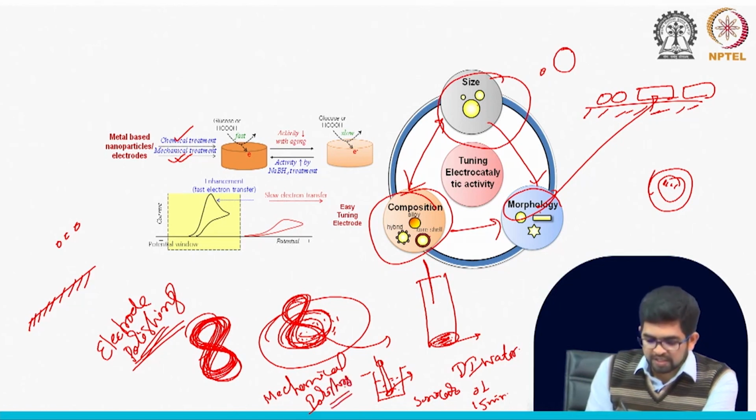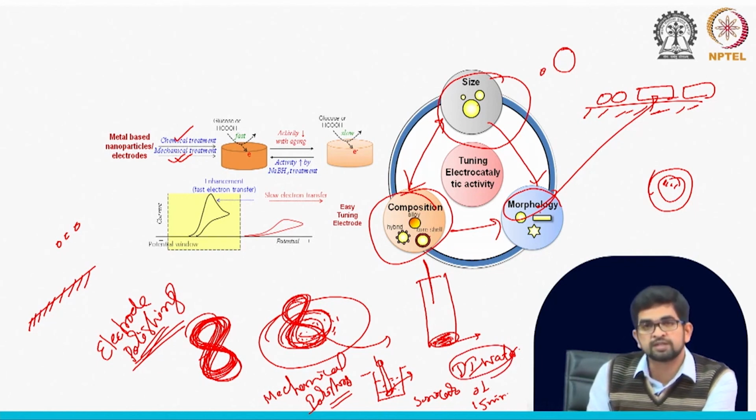Okay, this polishing will definitely help to remove all the contaminants on the electrode surface, because it's mechanical. So you may think, after the polishing, the DI water washing and then sonication for 15 minutes, if still some alumina powder is there, then you can go for another treatment.